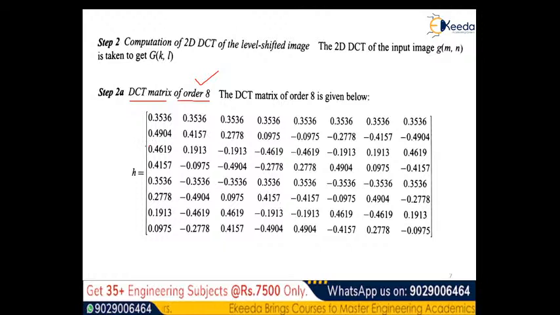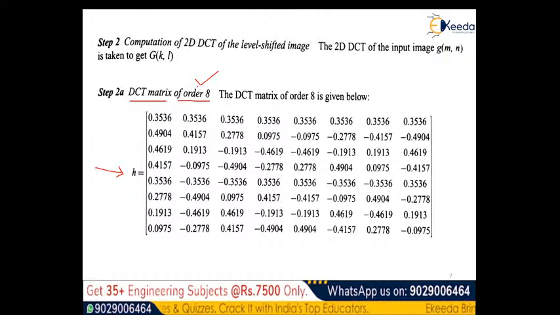So whatever the image sample is provided to you other than the one that I have considered in this problem statement, if the order matches, if that particular image sample is again of the order 8 by 8, the same H matrix you can make use of for computation of the DCT coefficients as the intermediate stage to have the image compression by using the JPEG baseline standard here.